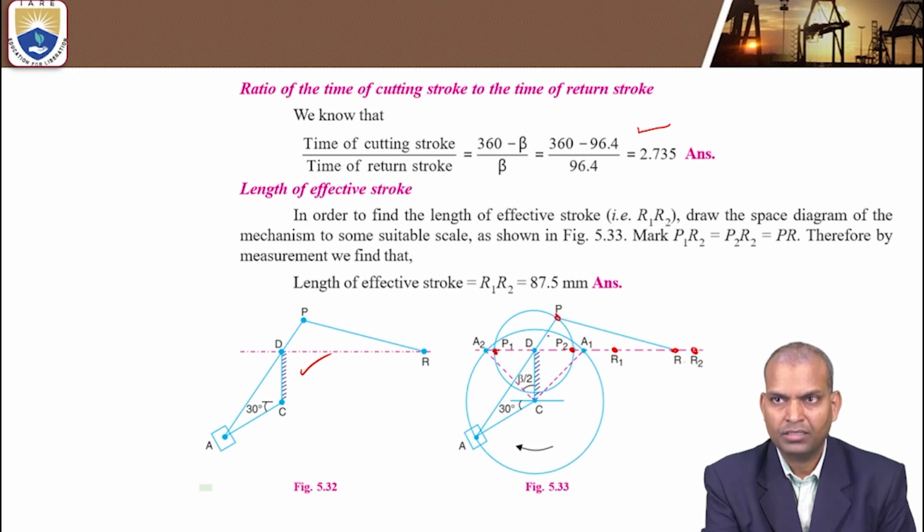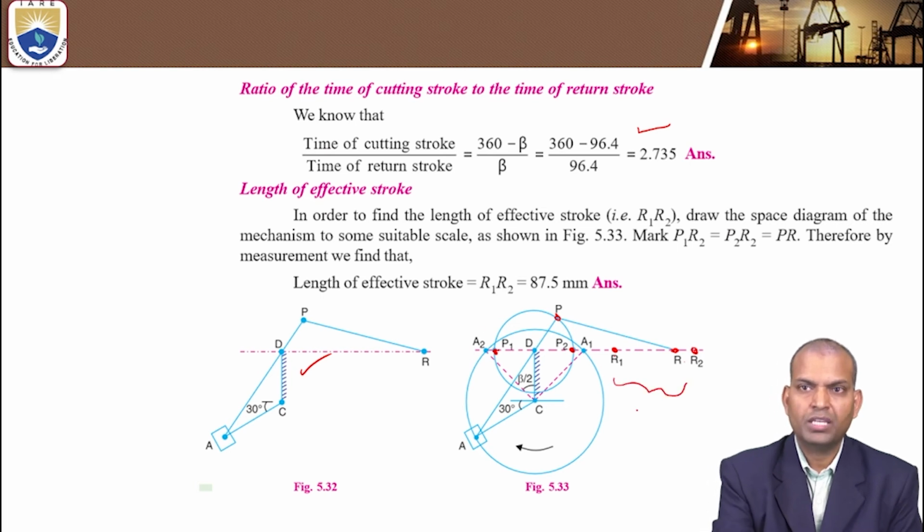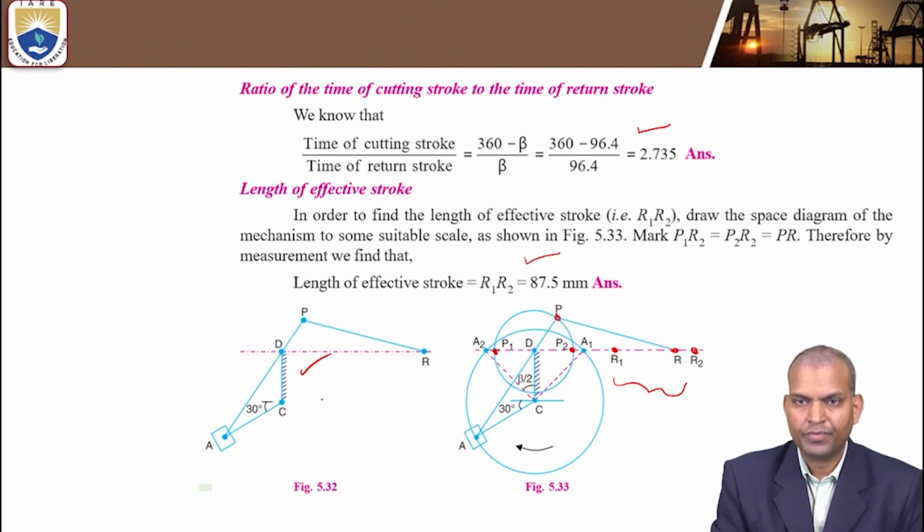If you make it and measure, the length of the effective stroke R1 R2 observed is 87.5 millimeters.